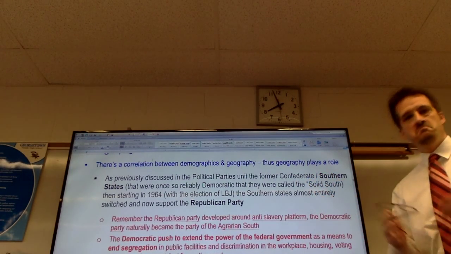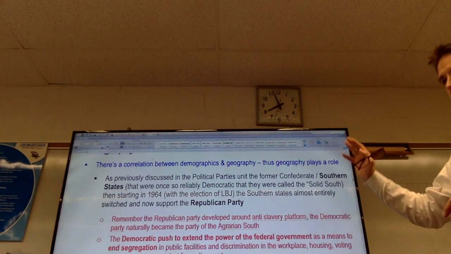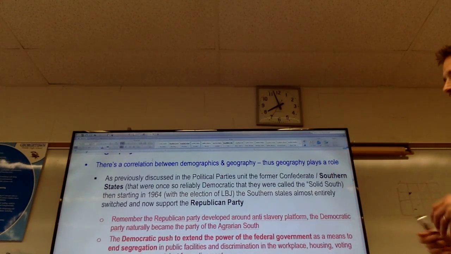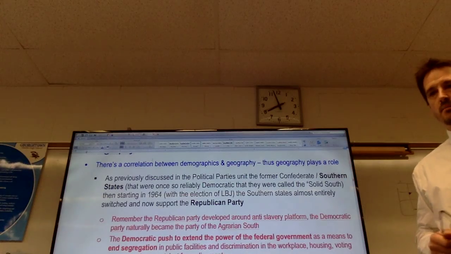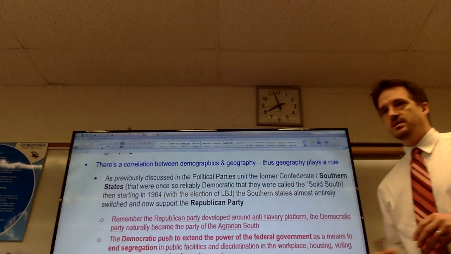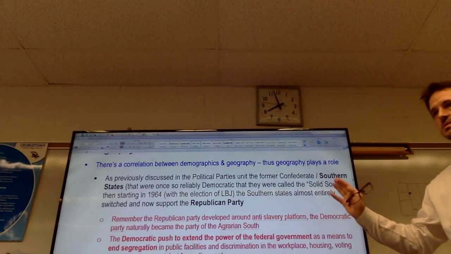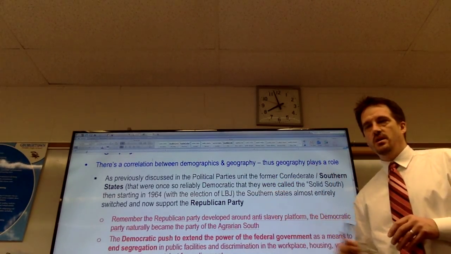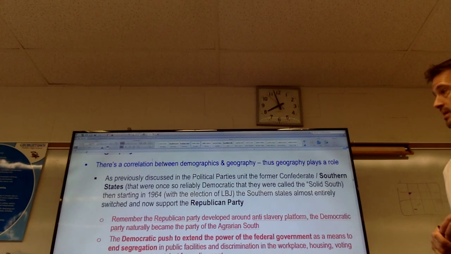And that trend of the Democrats in the South, you're going to see it in the election map here in a second. They vote reliably Democratic all the way up to 1964 with the election of LBJ. This is where, because of civil rights issues, the South begins to pivot away from the Democratic Party.